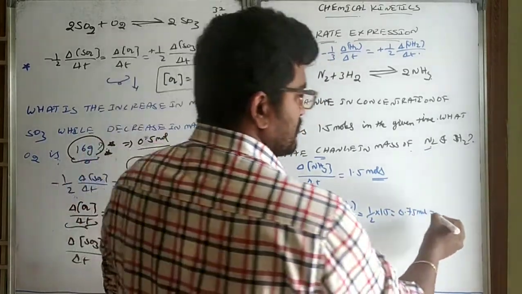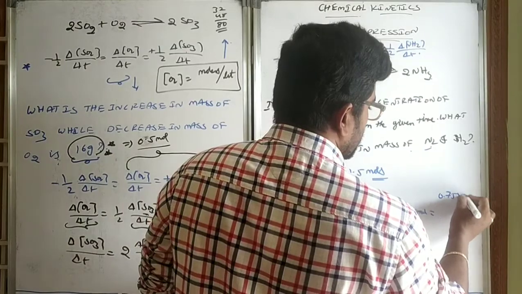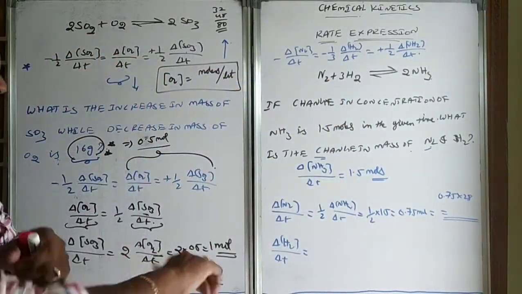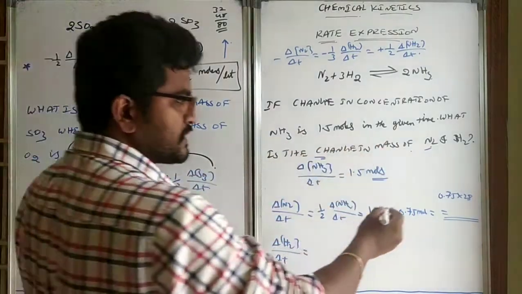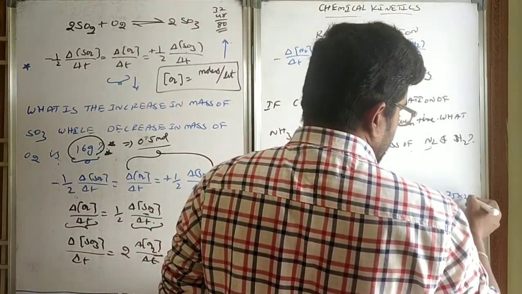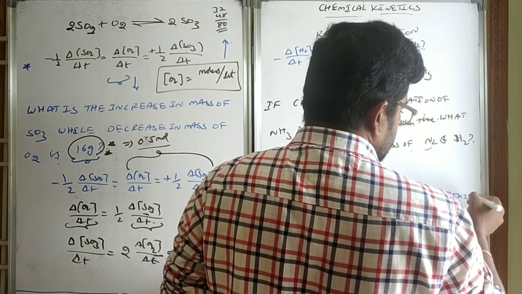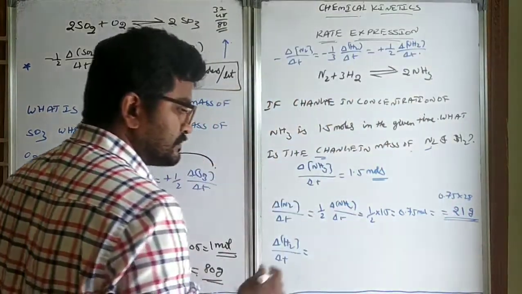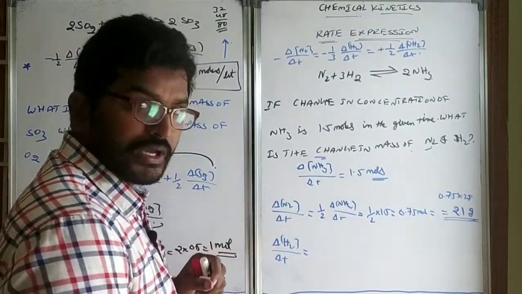So 0.75 into 28, that is 3 by 4 into 28, 7 threes are 21 grams. That is the change in mass of nitrogen.